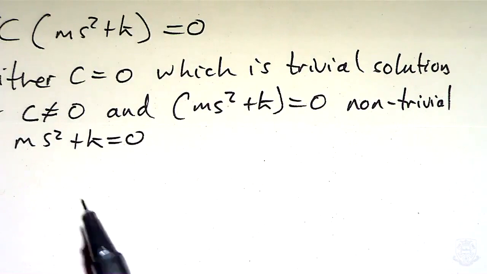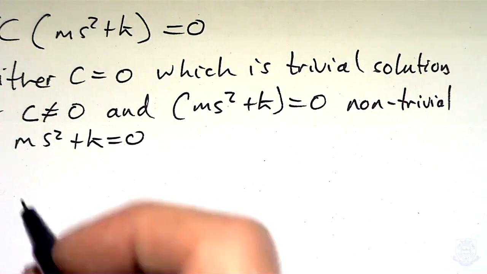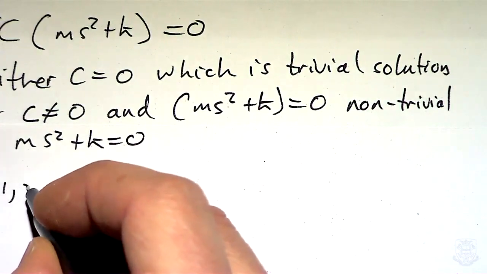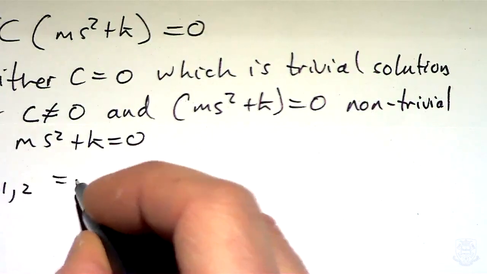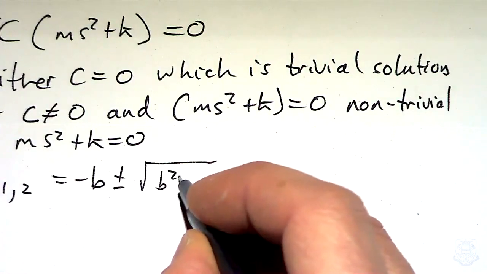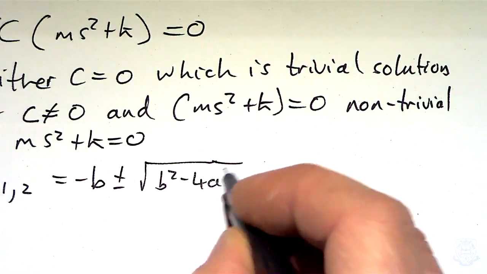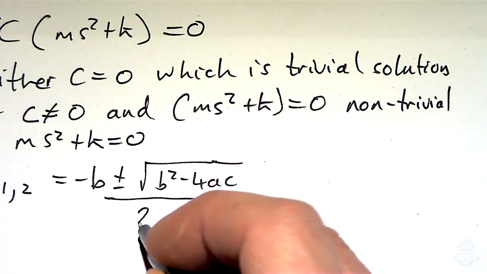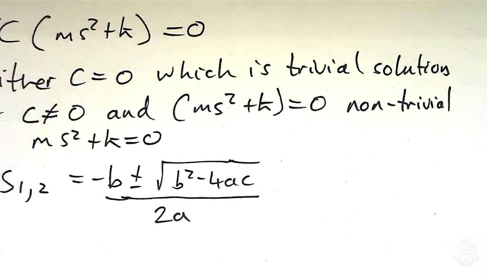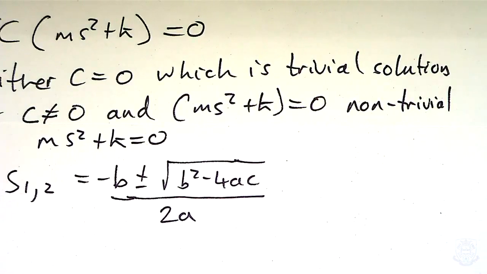So we just use the standard formula for solving a quadratic, where the roots s1 and 2 are equal to minus b plus or minus the square root of b squared minus 4ac all over 2a. That's the usual solution for solving a quadratic, isn't it?